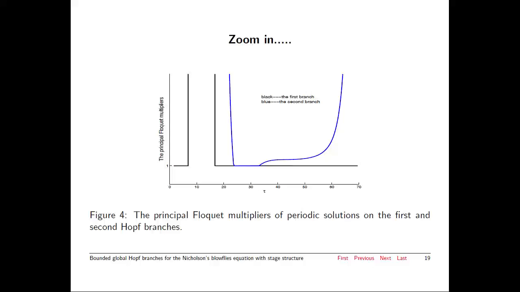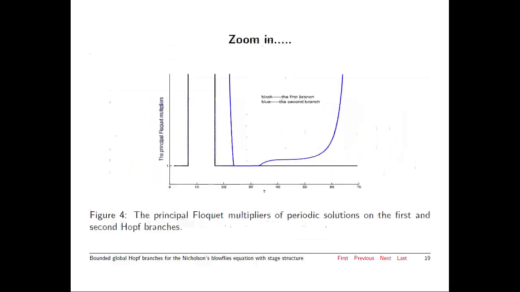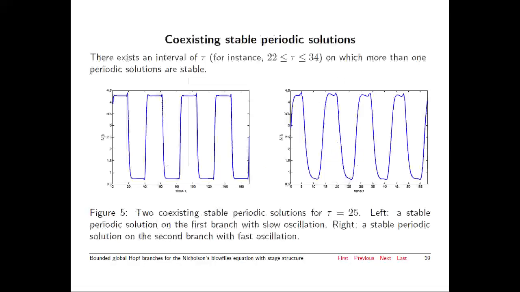And we can also observe that there are some intervals, around 20-something to 30-something, such that the periodic solutions on the first branch and the second branch are both stable. Here we fix tau in this interval, and we can sketch these two stable periodic solutions.